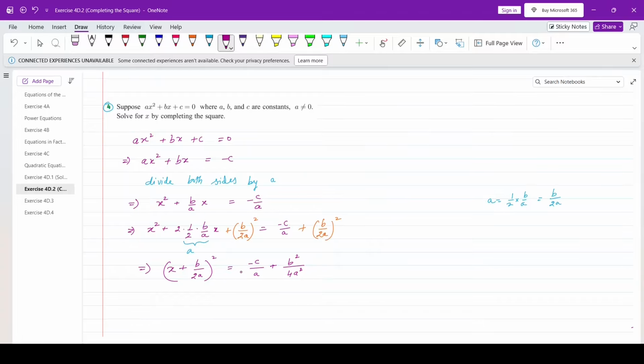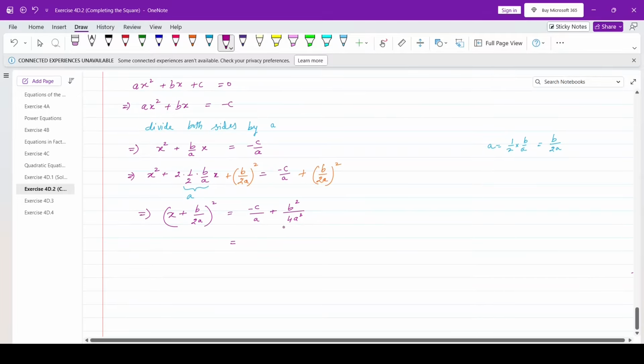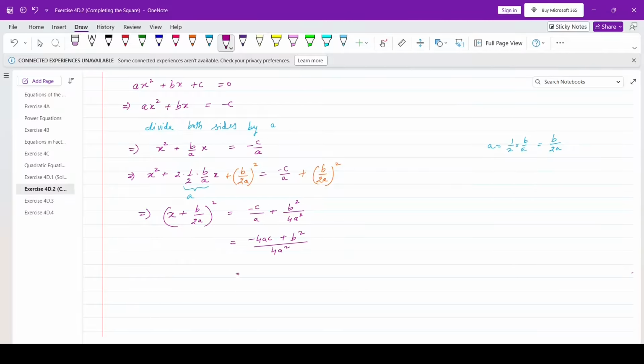Now if we add these two terms, we get (-4ac + b²)/4a², or simply (b² - 4ac)/4a².